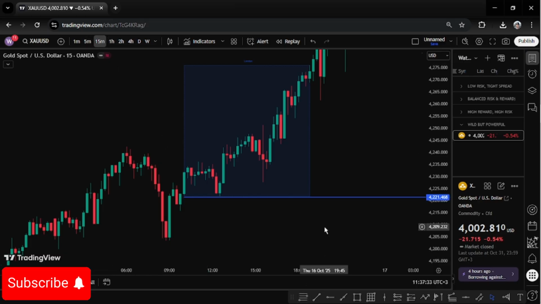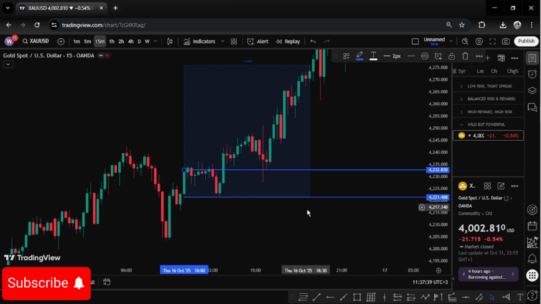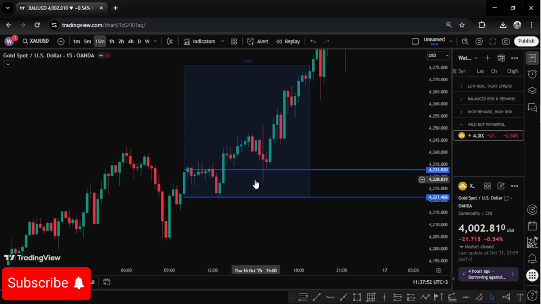What you want to do, guys, is mark your 15 minute candle open and close. As you can see, mark the high and the low. Then wait for the breakout, either to the downside or to the upside.